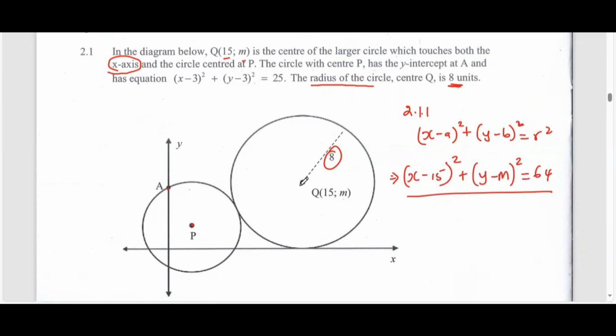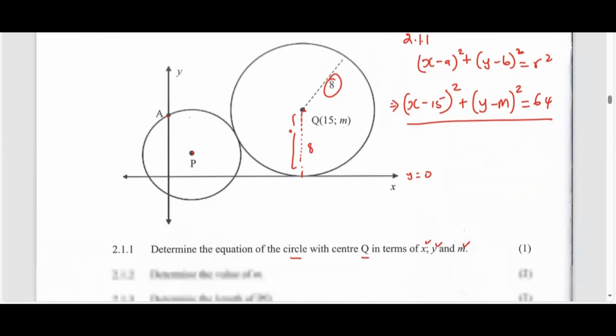So if this is 8, even if I try to drop a line parallel to the y-axis, the distance there is going to be 8. And remember, the x-axis is also named as y is equal to 0. So we are counting how many units from the 0 line? 8 units to the center. So m is automatically 8 units. So saying m is going to be 8.